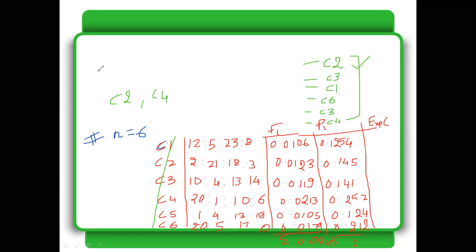So basically C2 is 2, 21, 18 and 3. While my C4 it is 20, 1, 10 and 6. Okay.